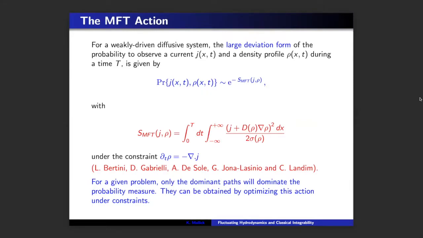What satisfies the Burgers equation is somehow the absolute dominant, which will give you 0 here. Action is 0. But now I will impose some conditions. For example, I want to see some value of the current, and this will select among all possible paths a subclass on which I will have to optimize this action. Yeah, thank you for your question. I will answer this question in the next slide.